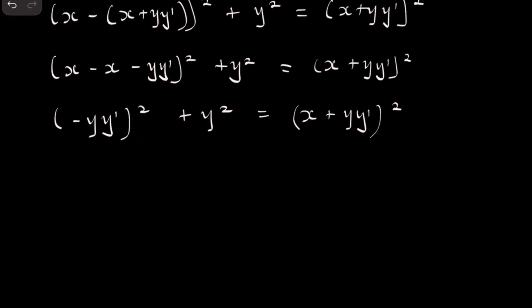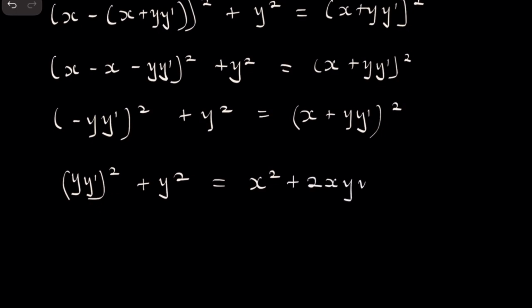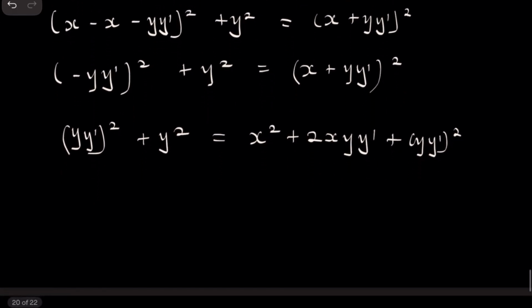So now let's simplify this. So we are going to have (y y prime) all squared, because when you square minus 1, you're going to have 1, plus y squared is equal to, now let's expand the right hand side. That's going to give us x squared plus 2x y y prime plus (y y prime) all squared. So here we just have to simplify this, then we can get our differential equation.